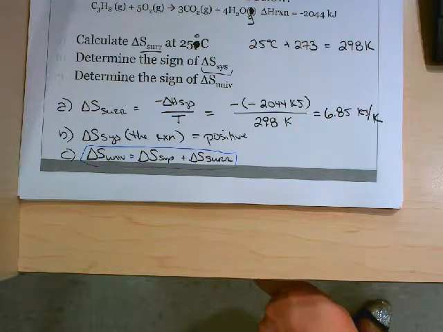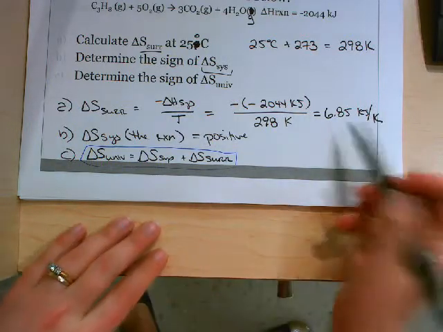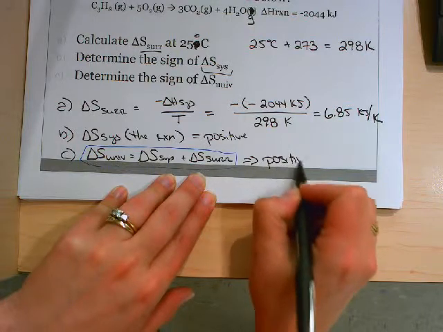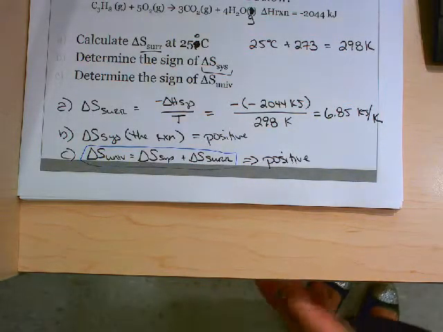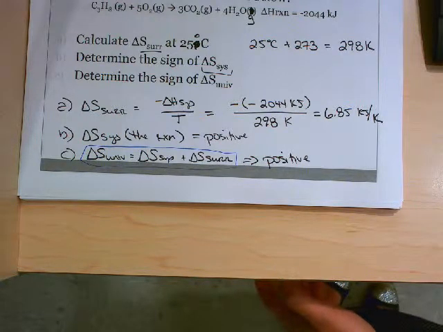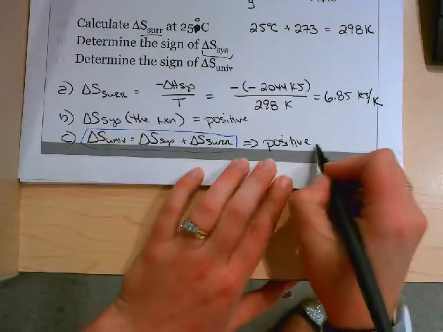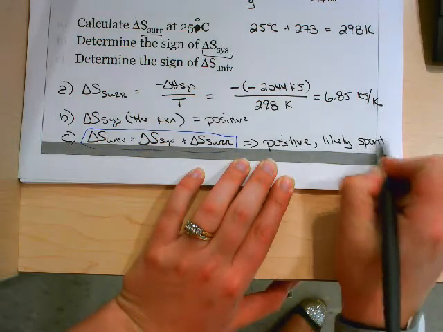What is going to be the overall sign then of my delta S of the universe? Positive, right? Because I have a positive thing and a positive thing. This is a positive value. So what would you say about the entropy of this reaction? Is it increasing or decreasing? Increasing, so is it likely to be spontaneous? Yes. So positive, likely spontaneous.